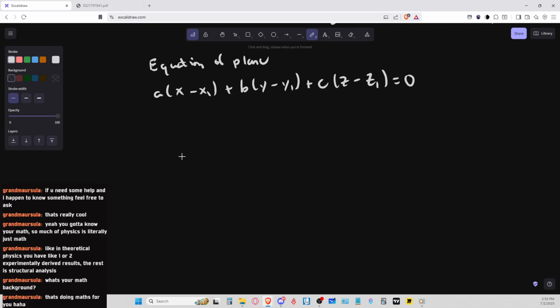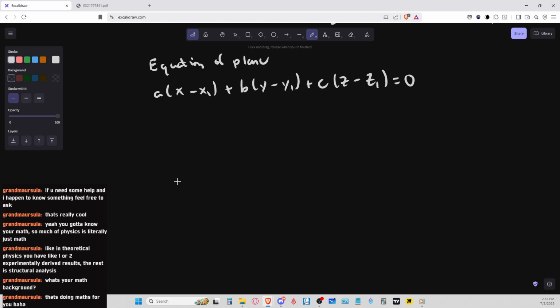I have read up on what curl is and what divergence is, and the Laplacian. So my knowledge of math is very scattered because I've read different math books of different time periods. I haven't taken formal classes in multivariable calculus or differential equations. So hopefully that answers your question.